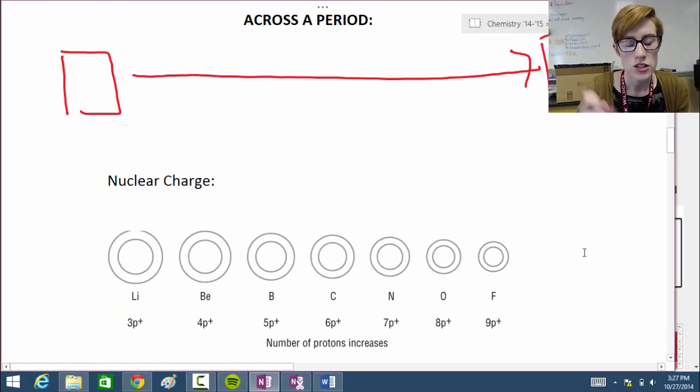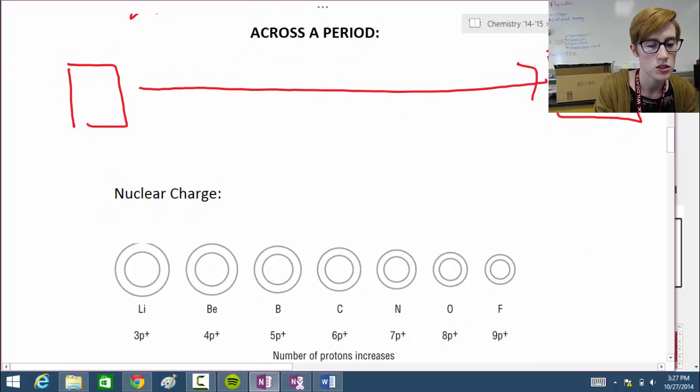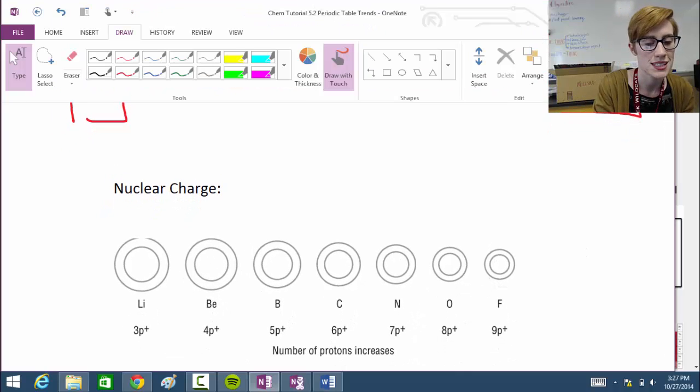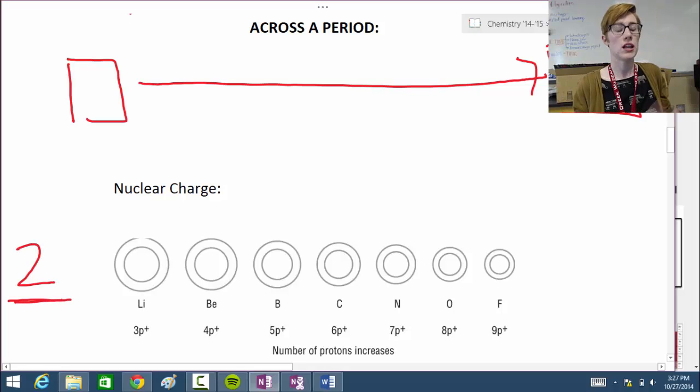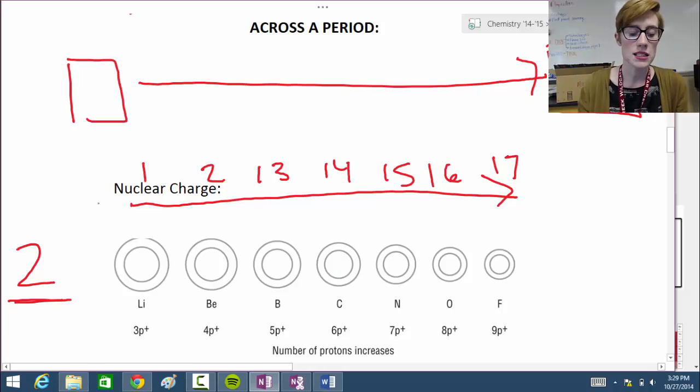Well, as you can see, everything in the same period, so this is period 2, everything in period 2 has the same number of energy levels, right? They all have 2 energy levels. So one of the big things that changes here are the atomic numbers, or the number of protons. I've written down here the atomic number for each element as we go across the periodic table.